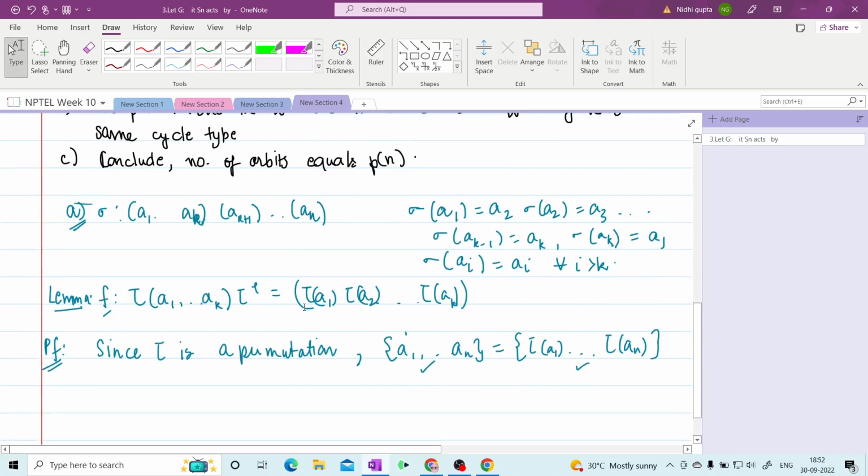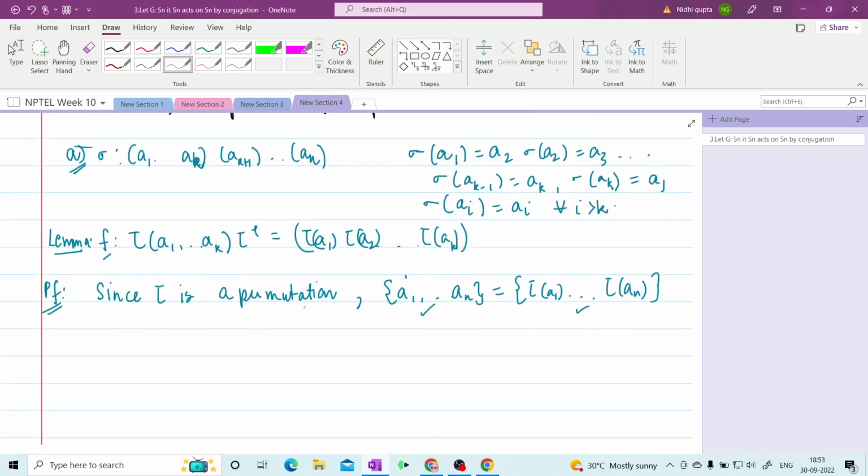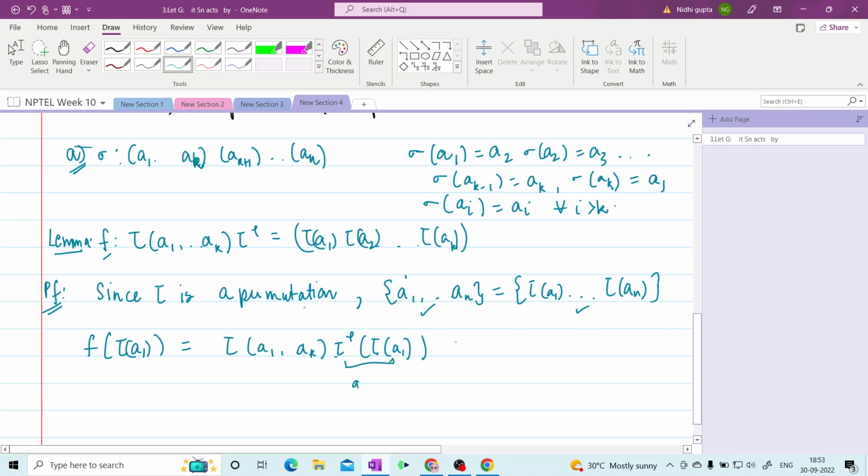So let's do this. What is f of τ(a1)? f(τ(a1)) is τ(a1 ... ak)τ⁻¹ applied to τ(a1). So τ⁻¹ of τ(a1) is just a1. Now a1 goes to a2, and then we are applying τ again. So this is τ(a2).